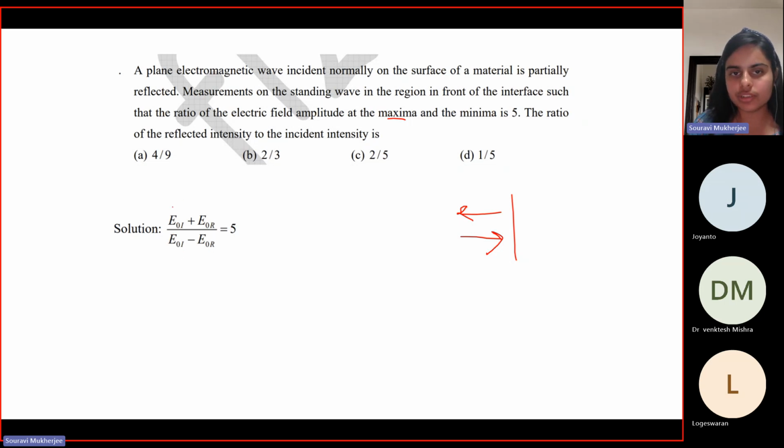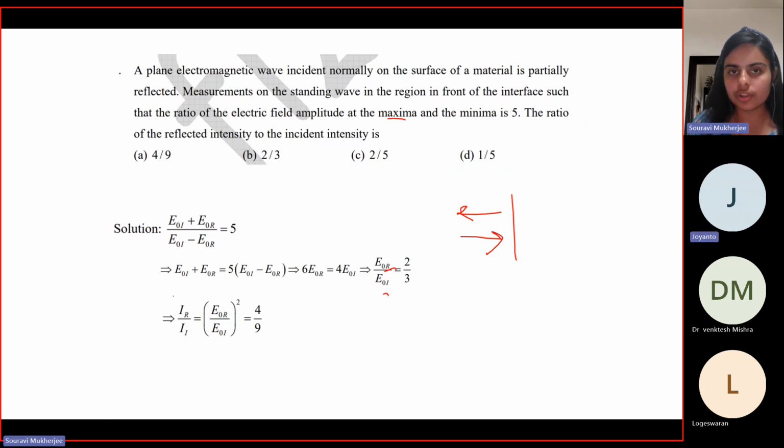Now that you know this, the question is asking you to find the reflected intensity to incident intensity. So we'll use the general relations of ratio and proportions, and we can find the ratio of the reflected amplitude to the incident amplitude. And the square of this will give you the intensity. So now you know what the answer should be.